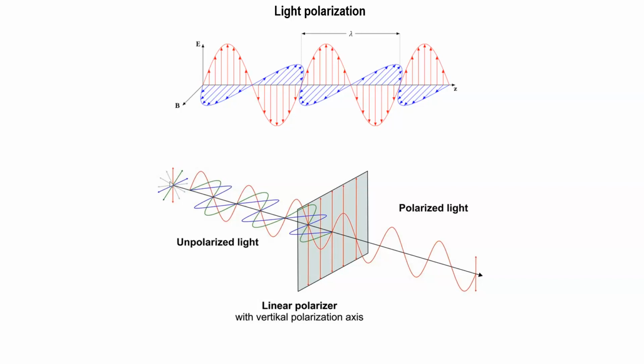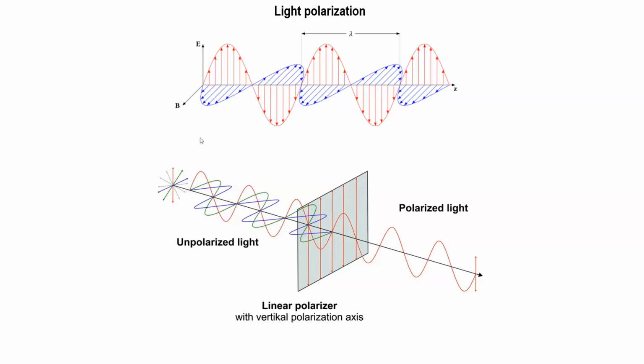Okay, so it can be vertically polarized, horizontally polarized, but also it can be polarized at 45 degrees between these x and y directions, and this angle can be any. Okay, so unpolarized light.